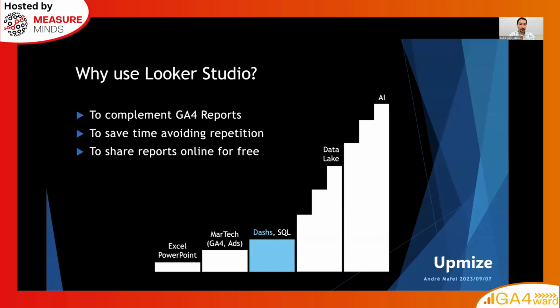Explorations too, it's faster. In my opinion, it's faster on Looker Studio because you don't need to pre-select all the dimensions and metrics, all the columns you're going to use on the report you're creating. On Looker Studio, you just have them all available all the time. It's pretty easy to drag and drop. And the last one for complementing GA reports, annotations, is not as easy.